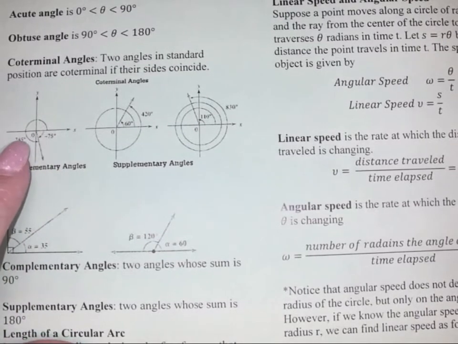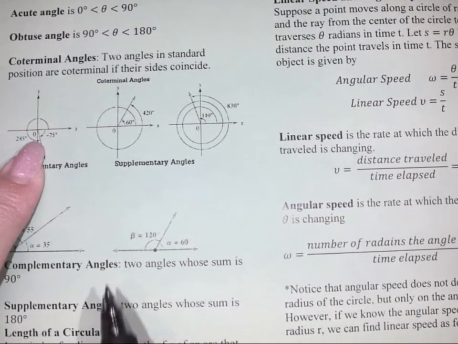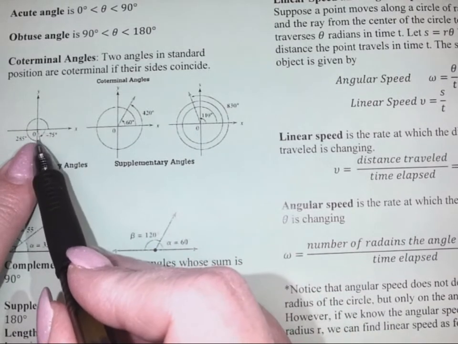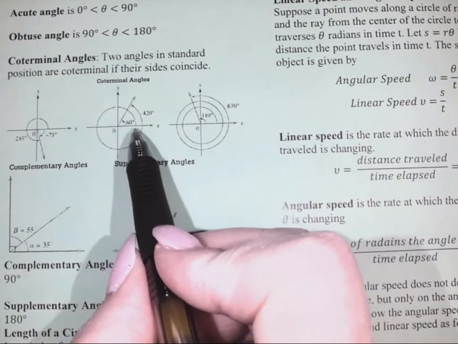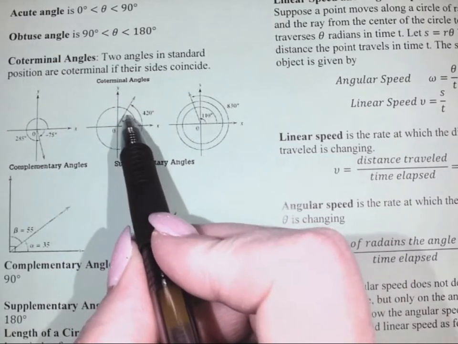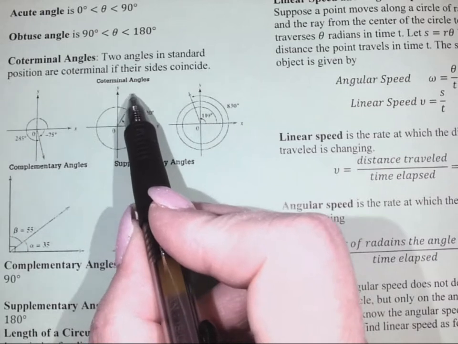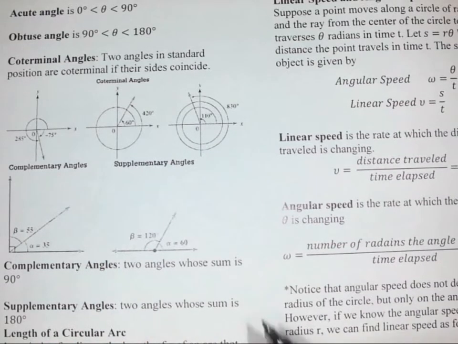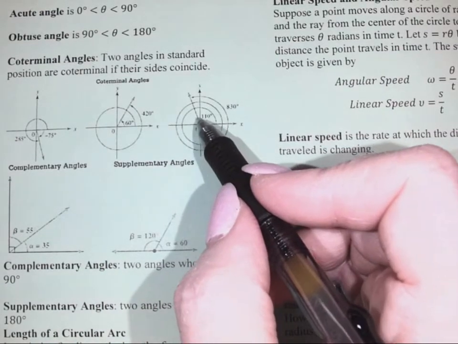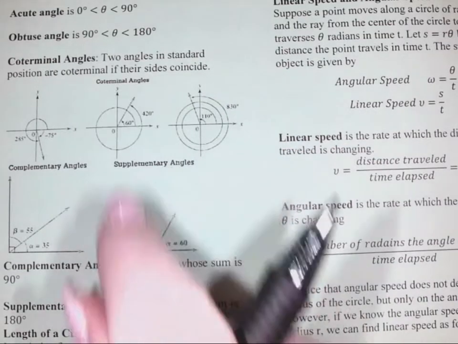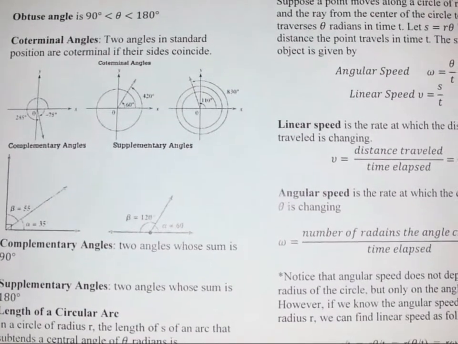So if I have an angle that goes this way and lands here, it is coterminal with one that lands coming this way. So here we could have a degree of 60, and then we can have this 420 degree angle. They are coterminal because they stop at the same point. And it can go a small one here and go around a couple of times. They are still going to be coterminal angles.